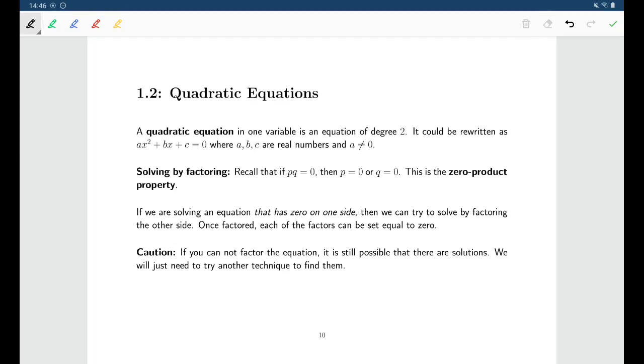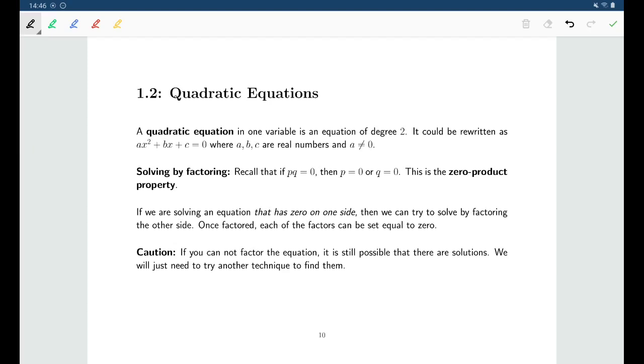We use that when we're solving an equation because if we've managed to rewrite our equation into the form where it's been factored and equal to 0, then we can say, great, each of these factors, x minus 3 would be equal to 0, and x minus 5 would be equal to 0. And then we would be able to solve for x. So that's the idea with solving by factoring.